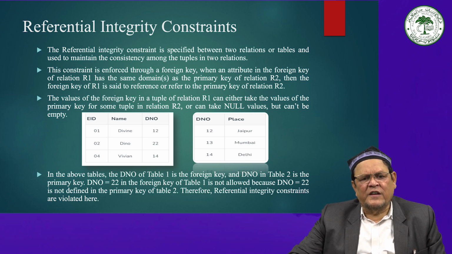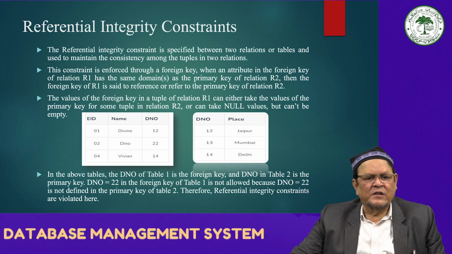A foreign key in a table refers to a primary key or unique key in another table, establishing a relationship between the two tables. Referential integrity constraints mandate that every value in a foreign key column must match a value in the corresponding primary key column of the referenced table or be null.